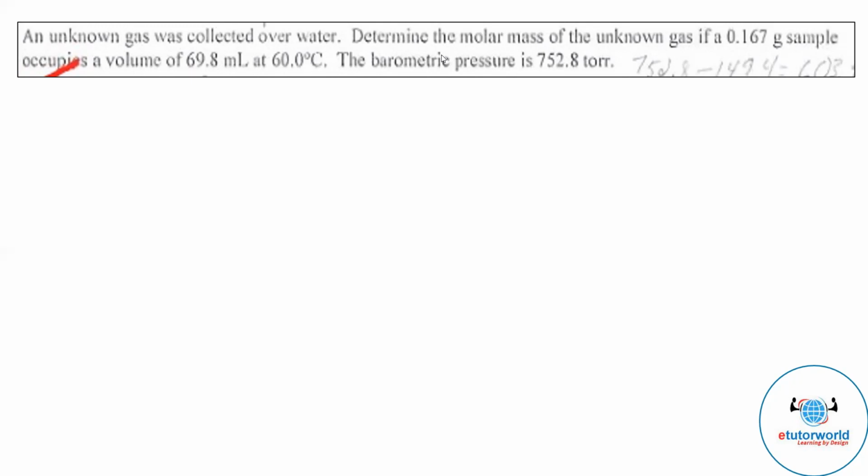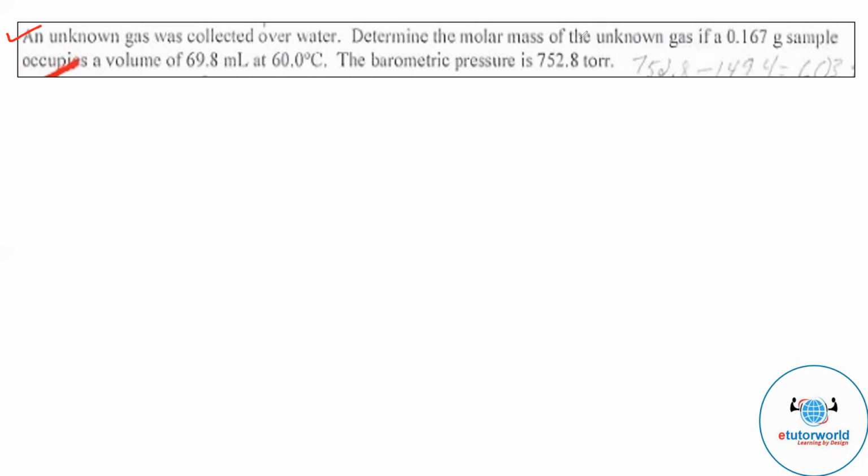So I will read the question. An unknown gas was collected over water. Determine the molar mass of an unknown gas if a 0.167 gram sample occupies a volume of 69.8 ml at 60 degrees Celsius. The barometric pressure is 752.8 torr.